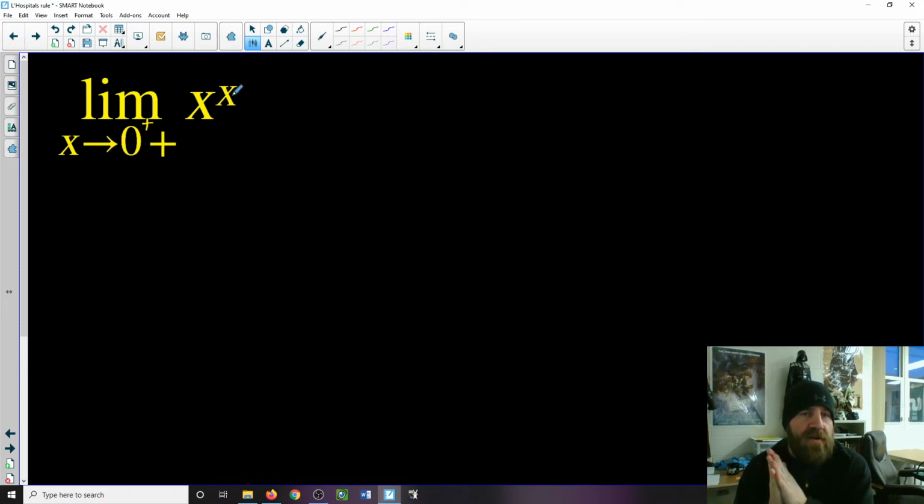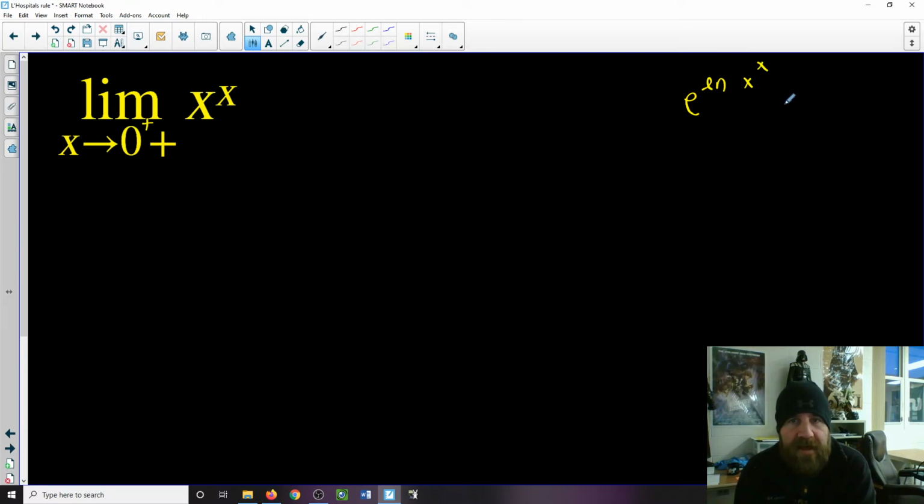So out of the exponent, we need to pull that down. So if we remember correctly, we have natural log. So we're going to have e to the natural log of x to the x.